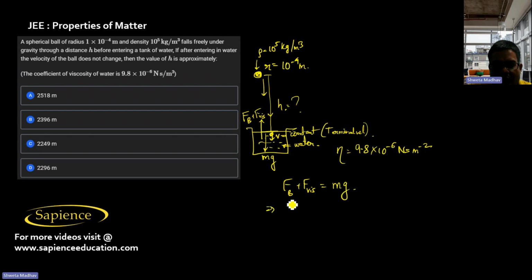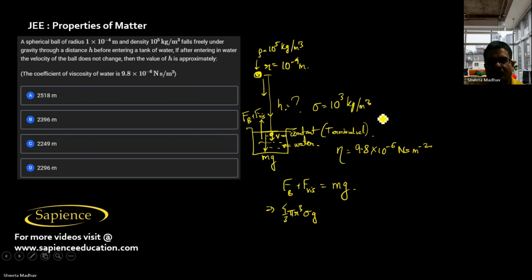So the buoyant force or the upthrust is given as volume V, that is 4 by 3 pi r cube, into sigma into g, where sigma is the density of water. So the density of water is 10 power 3 kg per meter cube.